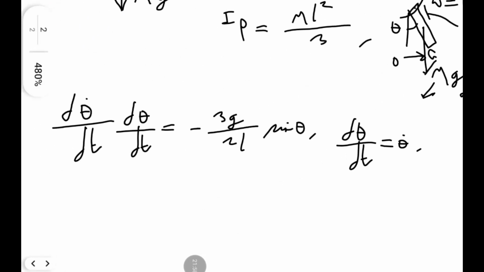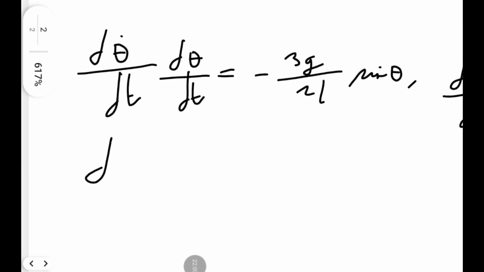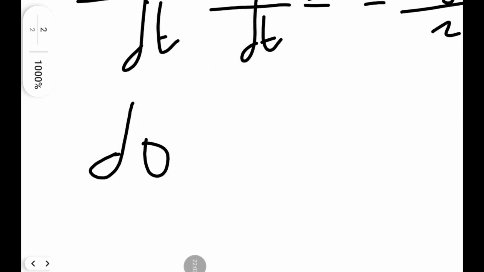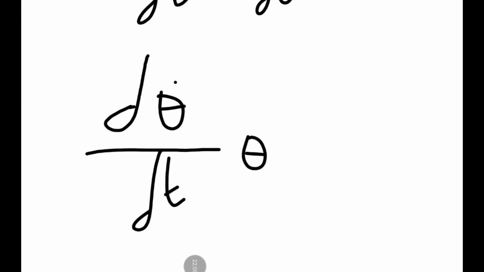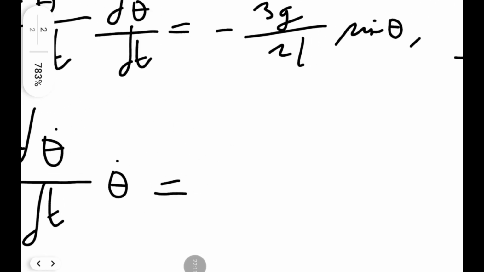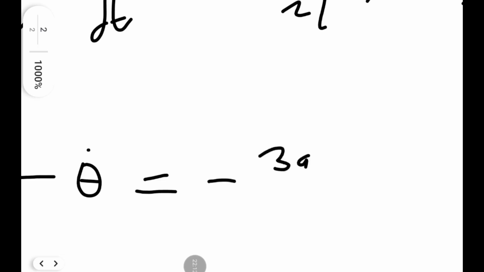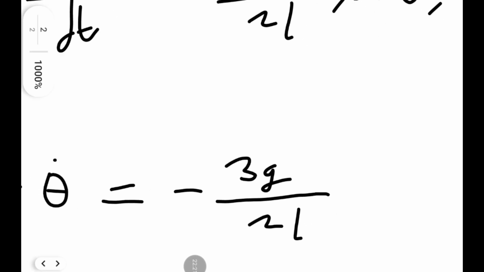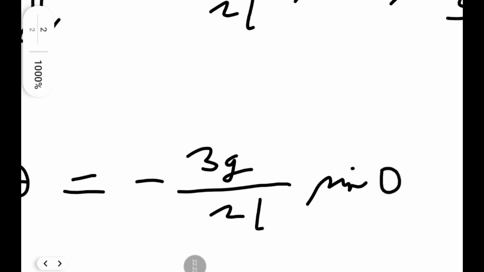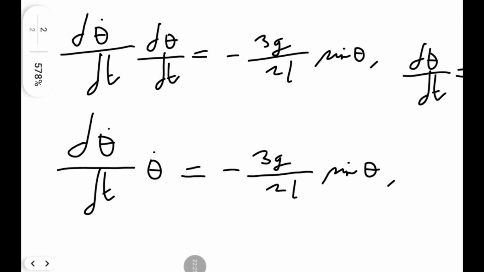So this whole expression can be rewritten into a really nice form: d theta dash by dt, theta dash is equal to minus 3g over 2l times sine of theta. Suddenly this is a separable differential equation. It's suddenly a very solvable differential equation.